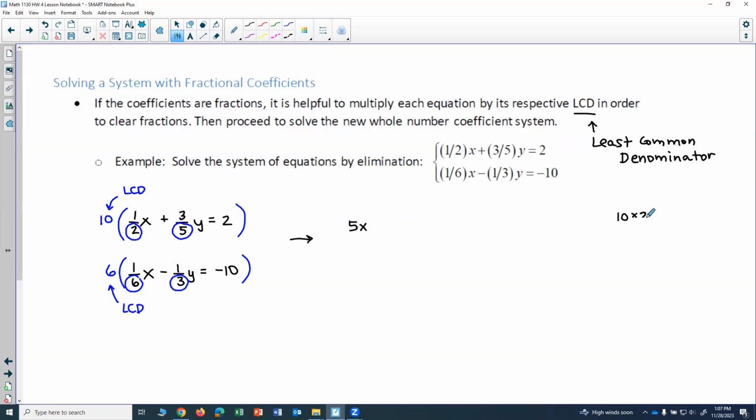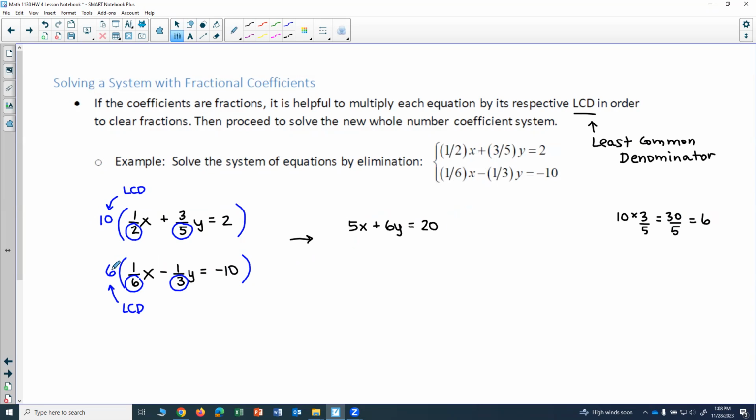So 10 times 3/5 is going to be 30/5, which is 6. So I'll have plus 6y. And 10 times 2 gives me 20. So there's my new whole number equation that's equivalent to the equation 1/2 x plus 3/5 y equals 2.